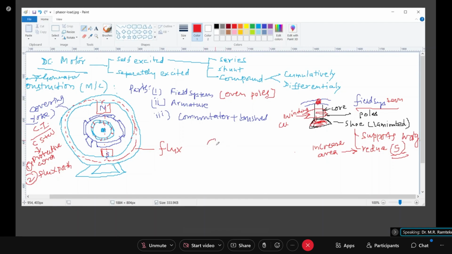The armature has a core. I'm showing you the separate parts. So this is my armature. The armature has a core and these teeth are there all over the periphery. I'll just make it a little bit better to appear.